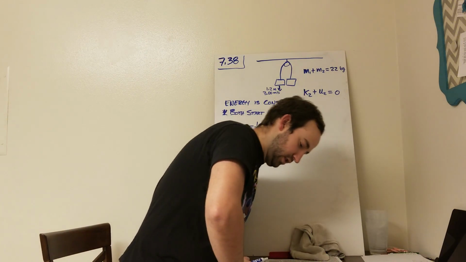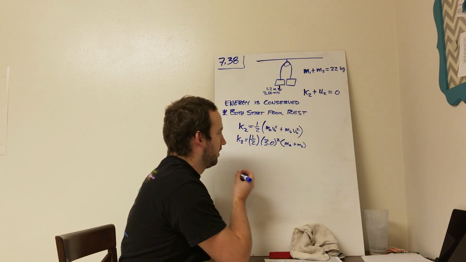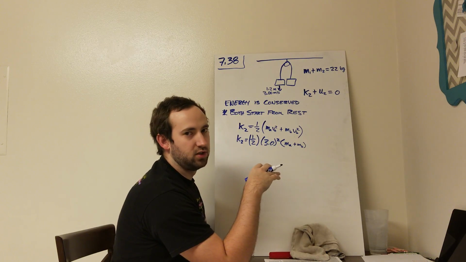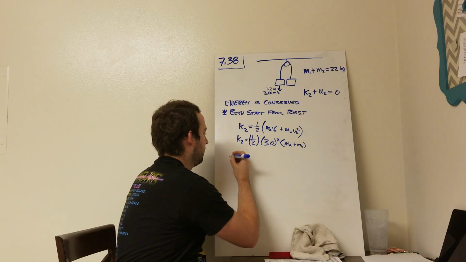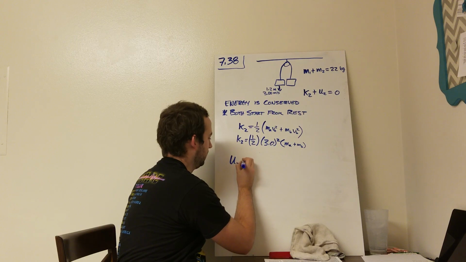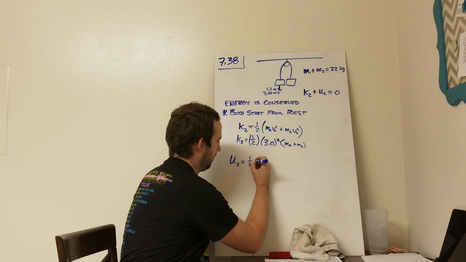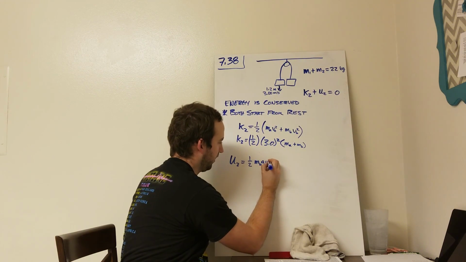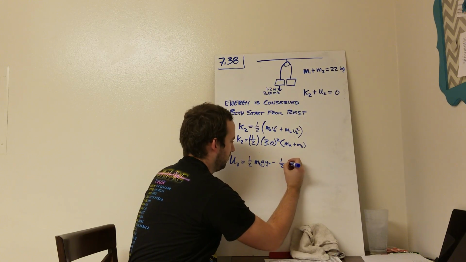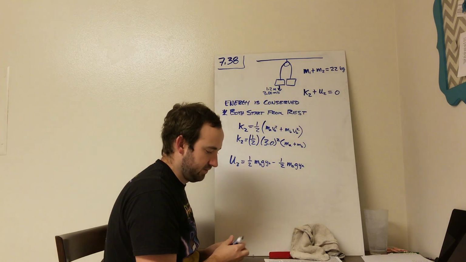Now what we'll do is we'll move on to the potential energy. So U2 equals, we know that potential energy when it deals with gravity is mgh, or y. In this case I'll be using y. We'll say U2 equals 1/2, and then mB g yB minus... Alright, so here's our potential energy.